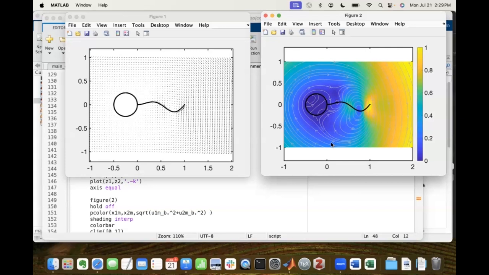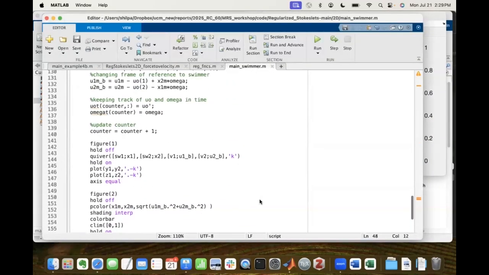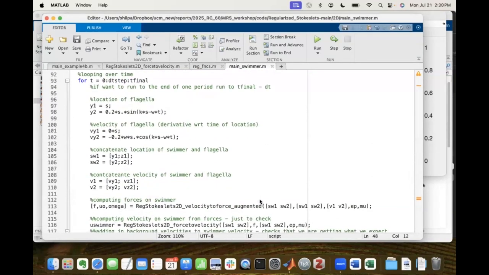So in the code here, when I wanted to prescribe things, I wanted to prescribe how the flagella was moving. And I knew it was a biological system, so I needed the sum of the total forces to be 0 and the sum of the torques to be 0. That's going to give me constraints on what the translational and rotational velocities of the swimmer can be.